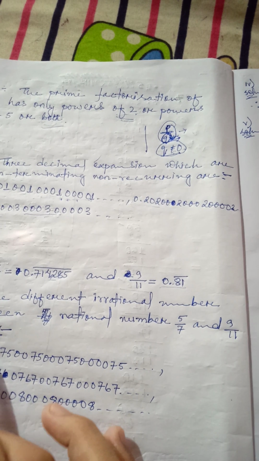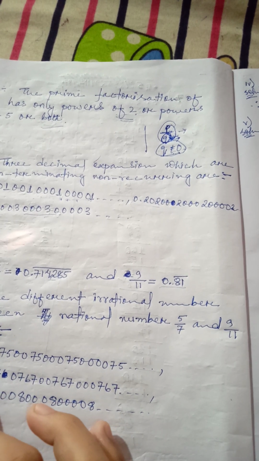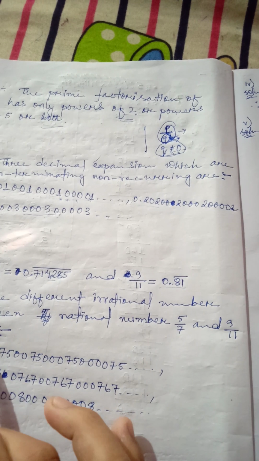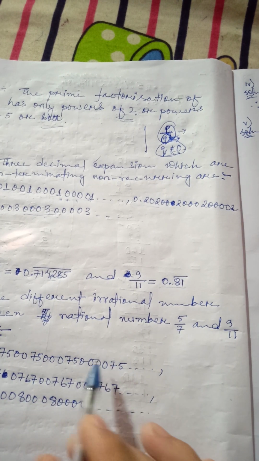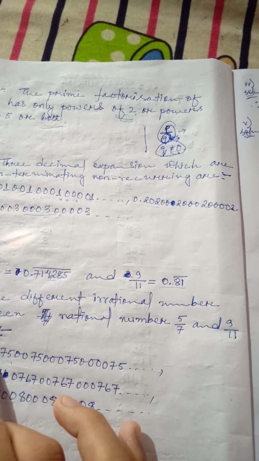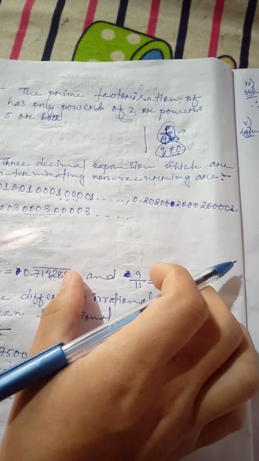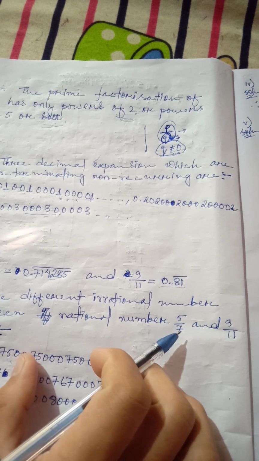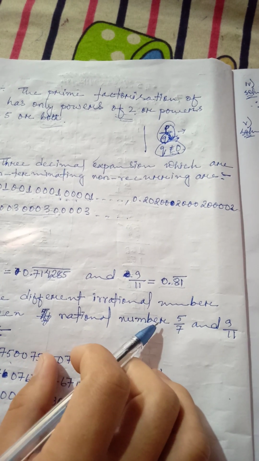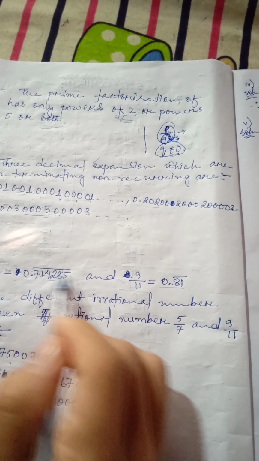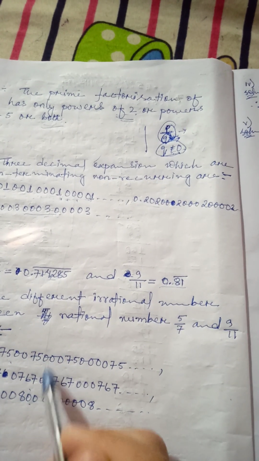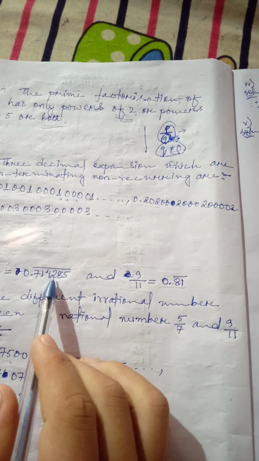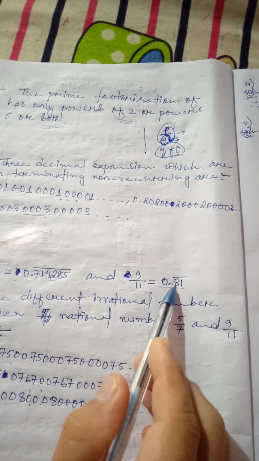This kind of number is an irrational number. So we just pick decimal expansions in between these, which are non-terminating and non-recurring. So these are the three irrational numbers that lie in between these two numbers.